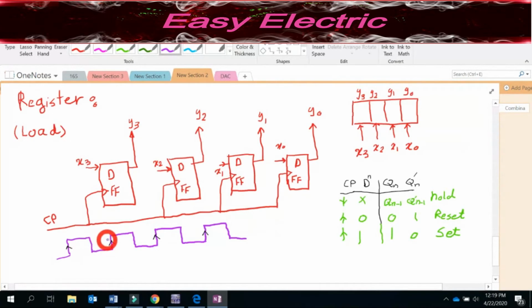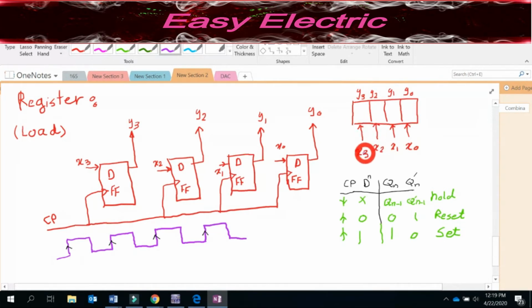And you hold that value, whatever you give here in this time. So between these two rising edges, it holds this value until you get the new x3 in this time, because in this second rising edge it takes a look at the x3 and sees what is inside x3, and puts that inside the y3. So that means it does exactly this, right?